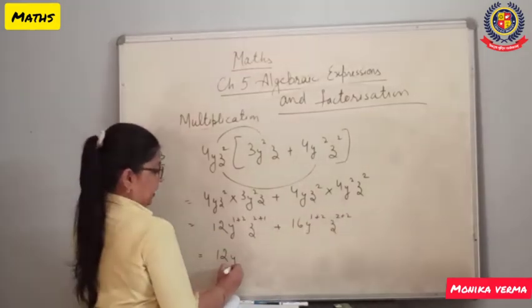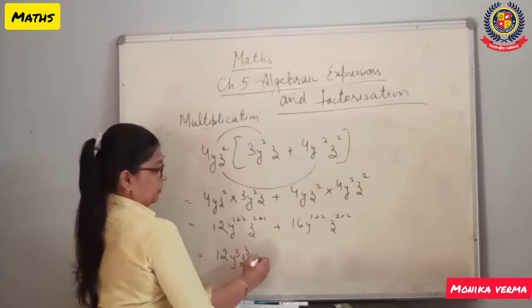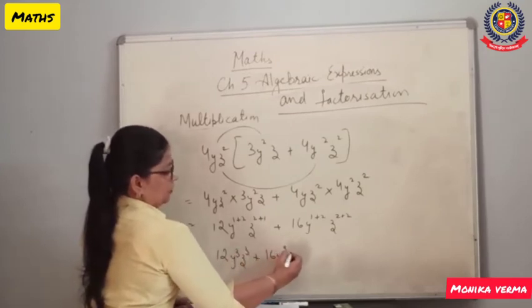I got 12y cube z cube plus 16y cube z 4.